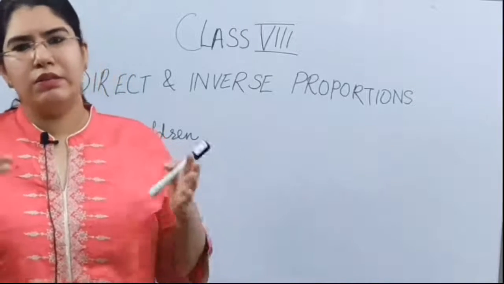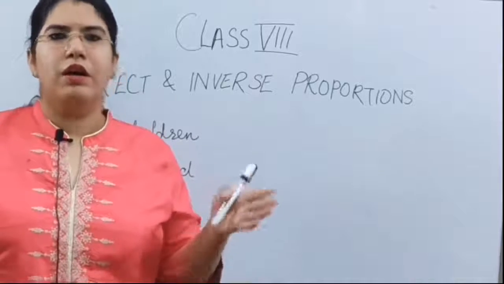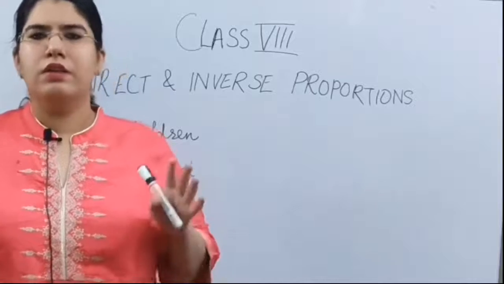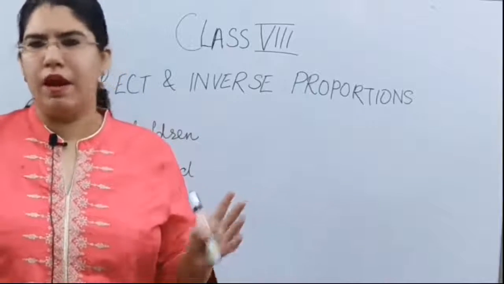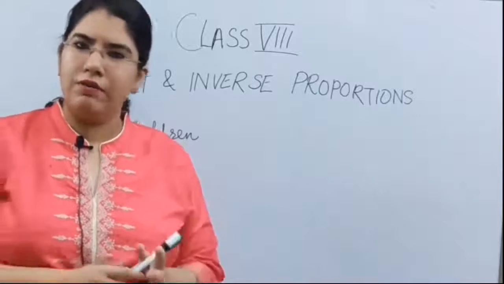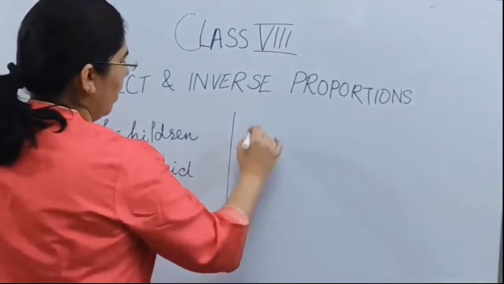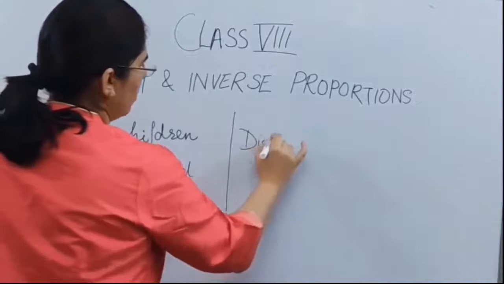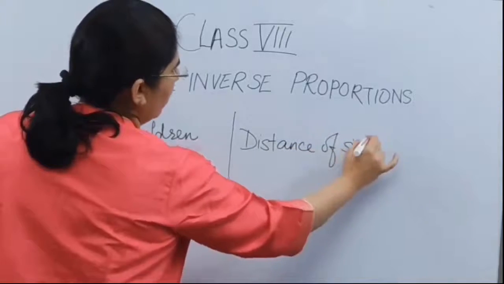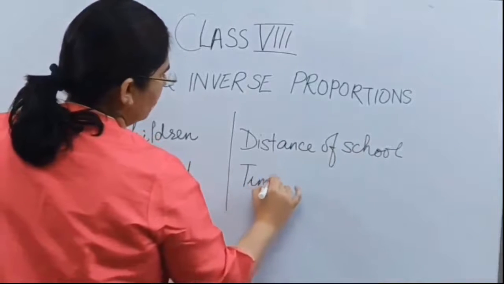Because as the distance of Inaya's house from the school increases, the more is the time that she will require to reach the school, considering that the traffic remains the same and she is travelling by the same school bus. So, can we say that there is any relationship between distance from the school and time taken to reach the school?